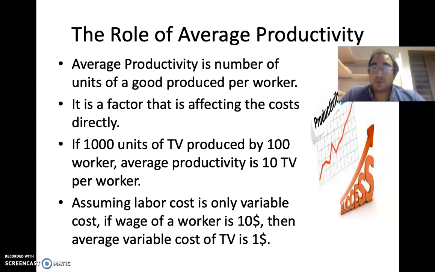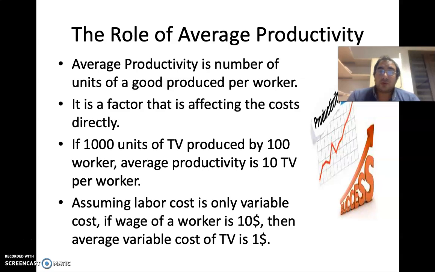Our analysis starts with the short run, and in the short run workers are the only thing that varies. Average productivity in a factory is just the output produced divided by the number of workers. So if you produce 1,000 TVs with 100 workers, then average productivity is 10 TVs per worker.